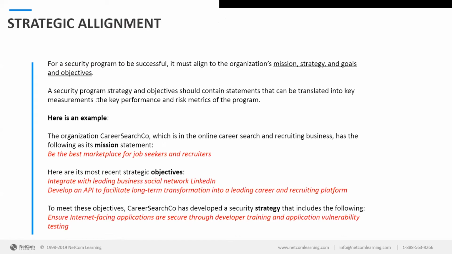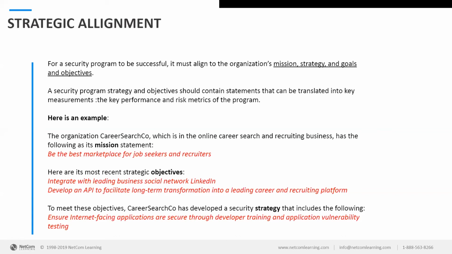An example for strategic alignment here: what about an organization that normally works in career search? Their mission is to be the best marketplace for job seekers and recruiters. Okay, this is a good mission. Any organization will have a mission and vision also.